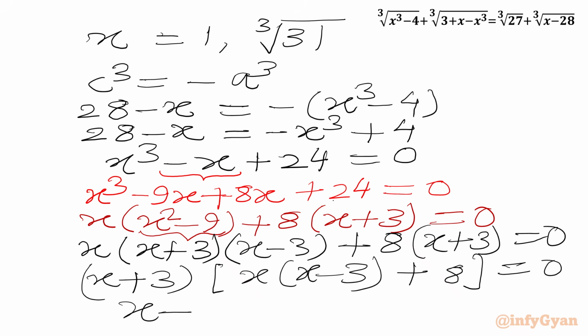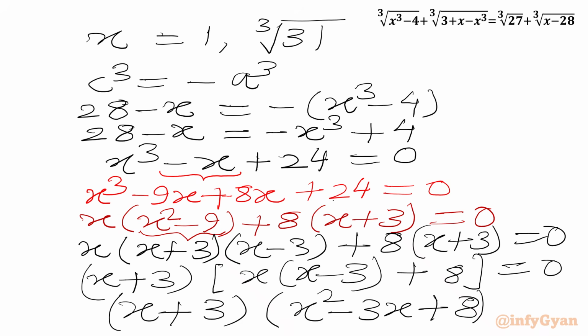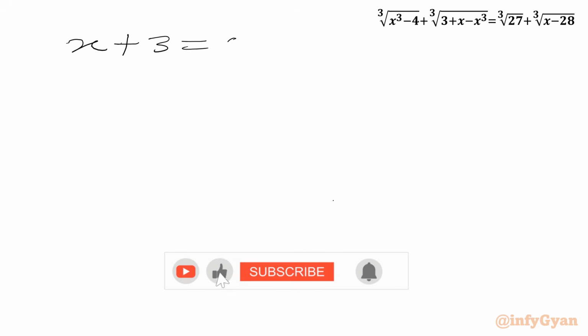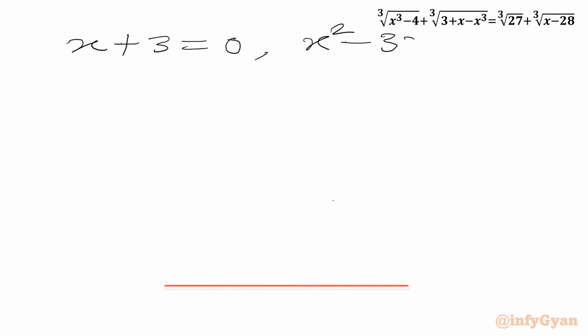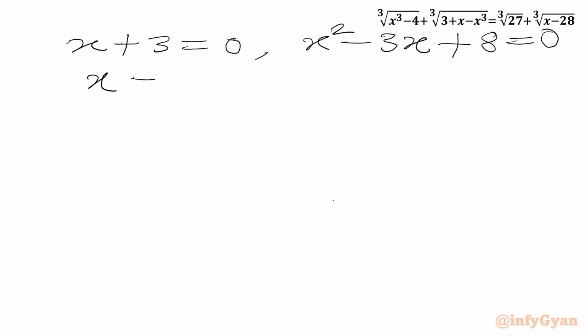Or we'll be writing x plus 3 times x square minus 3x plus 8 equal to 0. We will use product 0 rule. So we can write either x plus 3 equal to 0 or x square minus 3x plus 8 equal to 0. So from first equation, we are going to get our third real solution, negative 3.